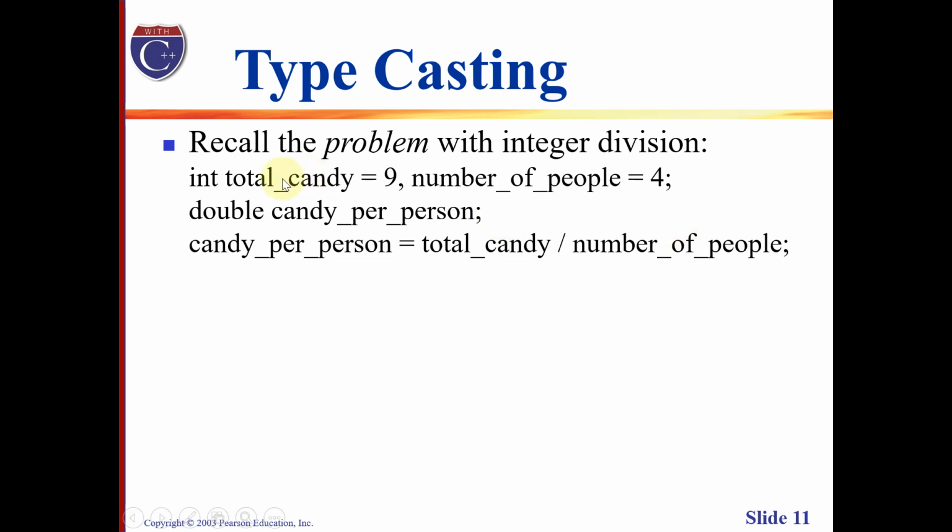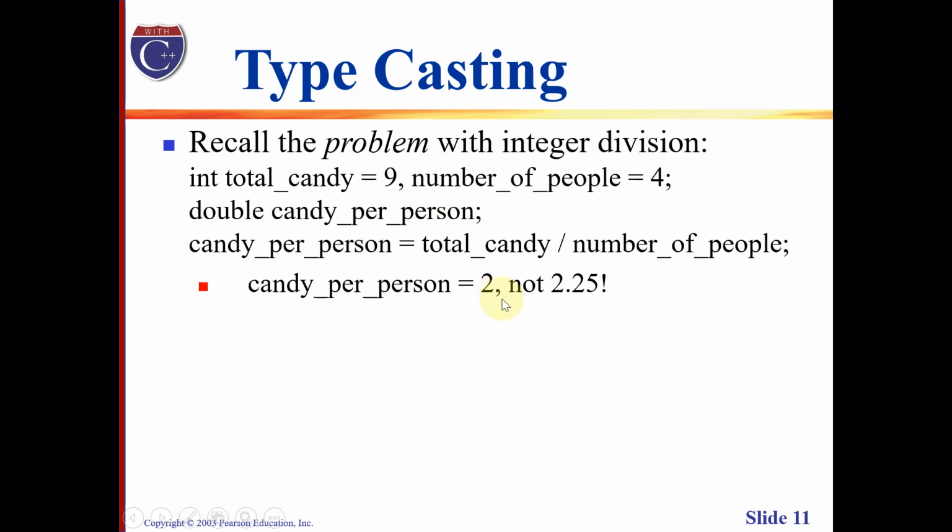In this case, the variables total candy and number of people are all of type integer. On the other hand, the following variable, candy per person, is of type double. If we will continue with the following expression, what will happen here is this. The variable candy per person will have a value of 2 instead of 2.25.